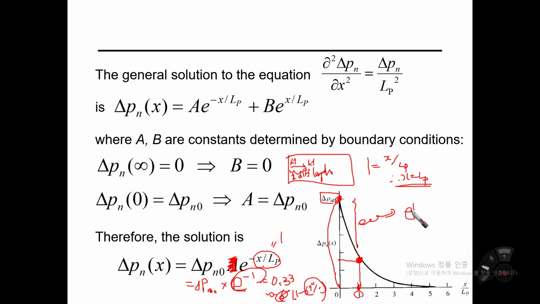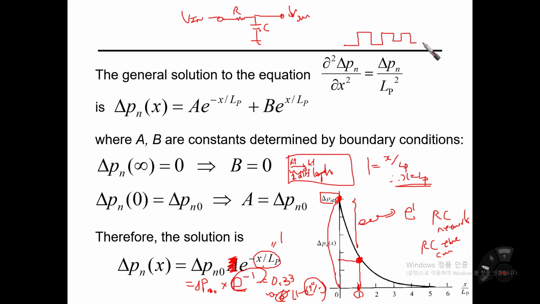Yes, exponential 1. Okay. So it is like an RC network. You remember in linear circuit analysis, the RC time constant stuff. So you remember this simple network RC. So this is V out, this is V in. If V in is a square pulse, then V out would follow the square first. But take a look here.